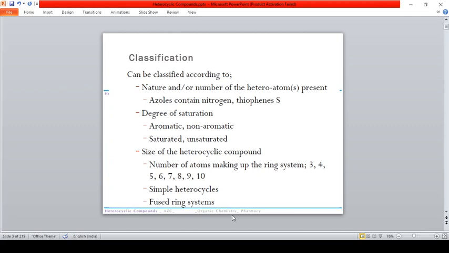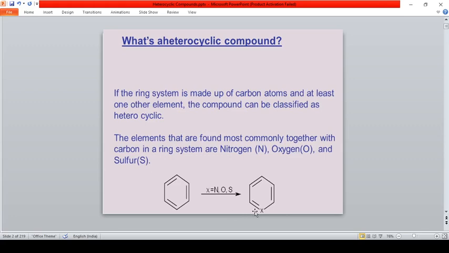By simple heterocyclic, I refer to heterocyclic compounds which have only one single ring present in the structure. For example, pyridine. What is the structure of pyridine? In the previous slide, if we say that this X is nitrogen, then the structure will be pyridine.